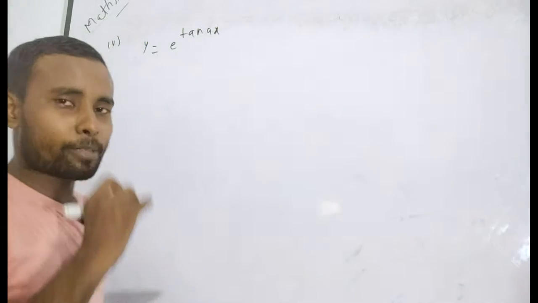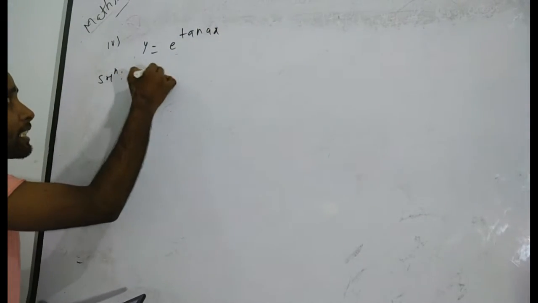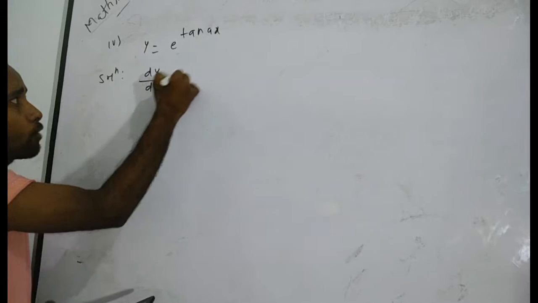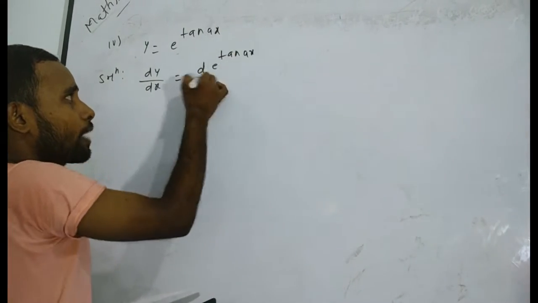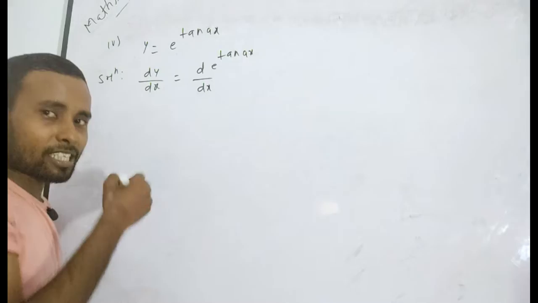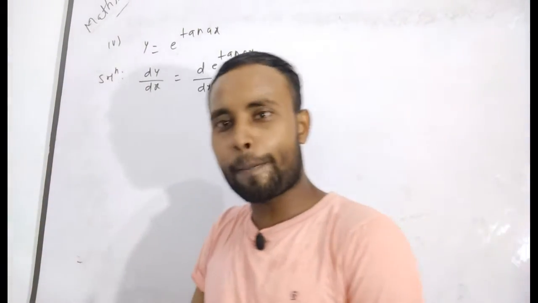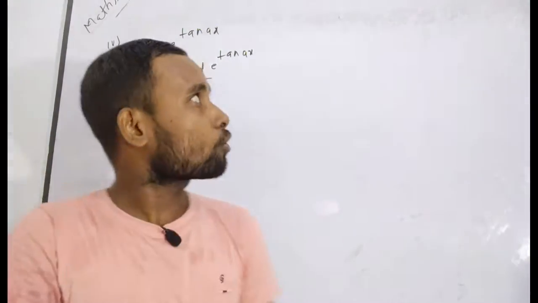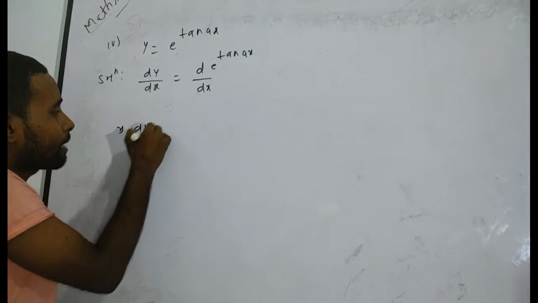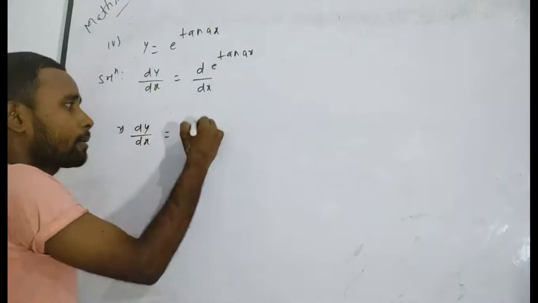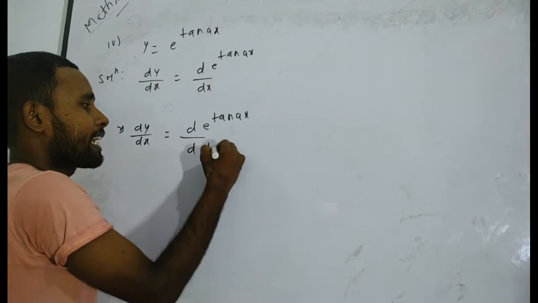10ax. How can you solve this problem? It is also very easy. First of all, you have to solve right here. Differentiating on both sides with respect to x, you will get the derivative of e to the power 10ax with respect to x. And you know that this function cannot be differentiated with respect to x directly. That's why I want to differentiate this function accordingly: the derivative of y with respect to x will be the derivative of e to the power 10ax with respect to 10ax.